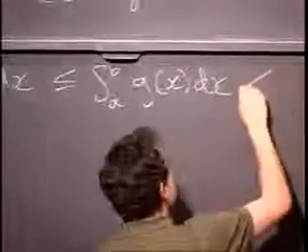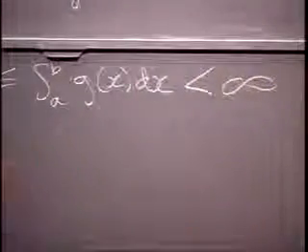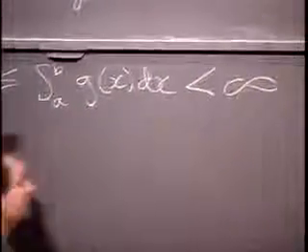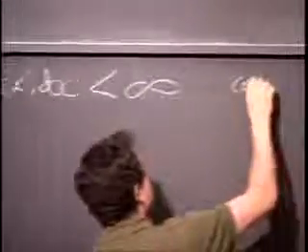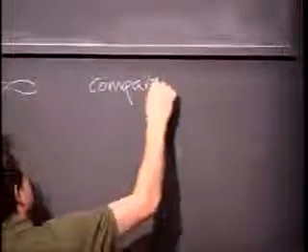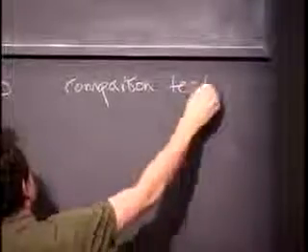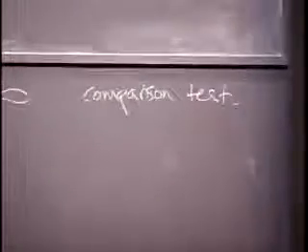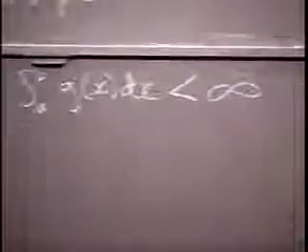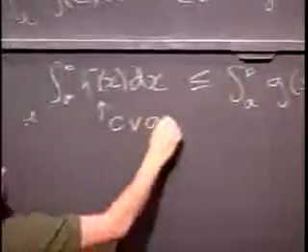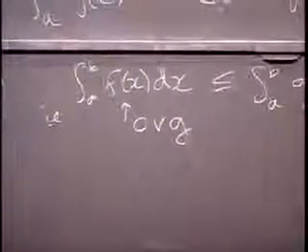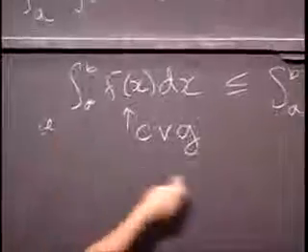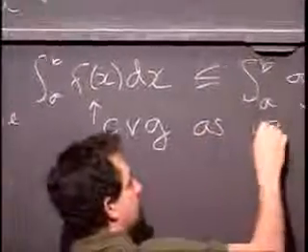And that we know is finite. It converges. And again, you should use the words comparison test when you write down such a thing. I.e., this converges. So that converges as you hoped.